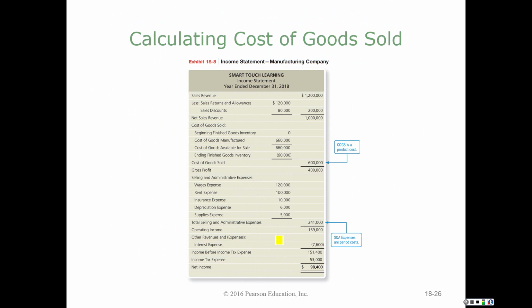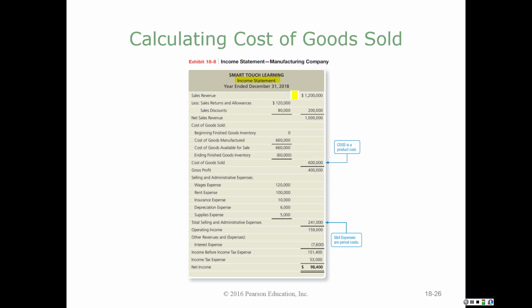When we're calculating cost of goods sold, this is a little more simplistic income statement than what I showed you earlier in the Excel spreadsheet using Smart Touch Learning, which is a business that is carried out throughout your text and manufactures tablets and the software that goes on those tablets. We have our sales revenue.